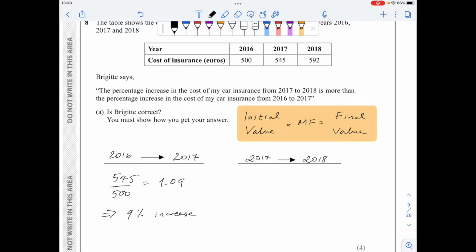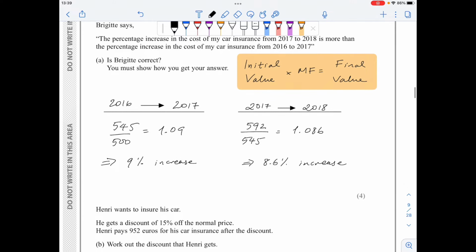Repeat this for the period 2017 to 18, and I get 592 over 554. This comes out to be 1.086. This means that I've got an increase of 8.6%. So since 8.6 is less than 9%, she is obviously wrong.